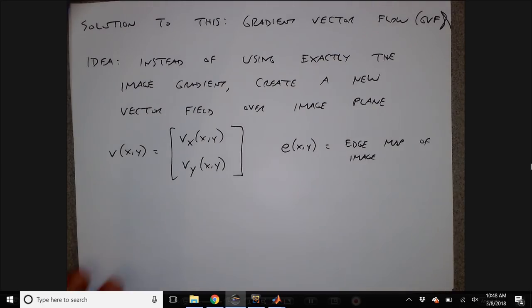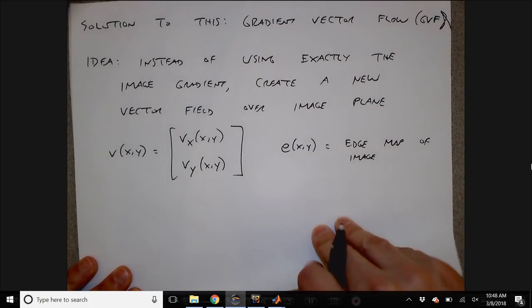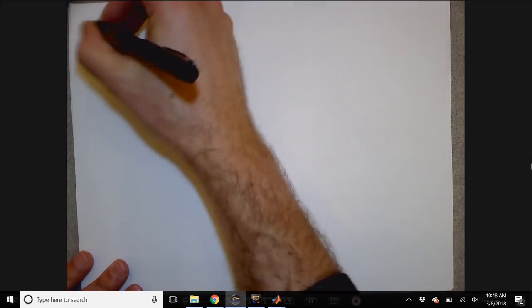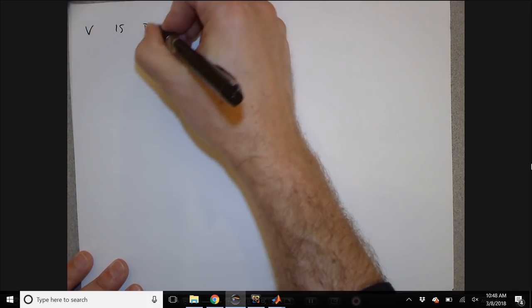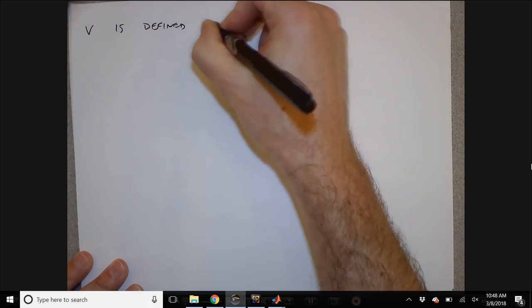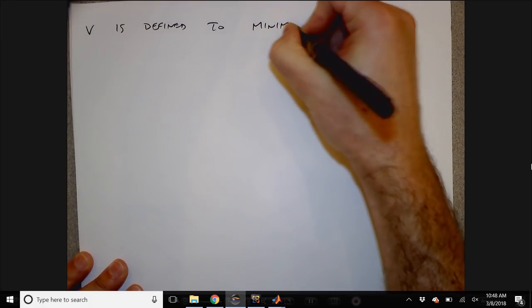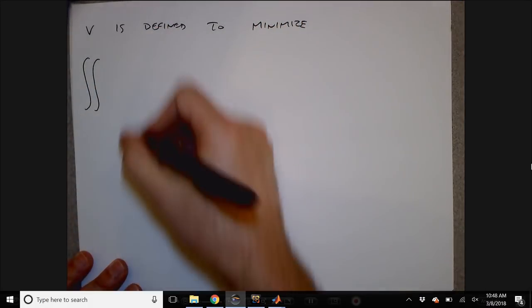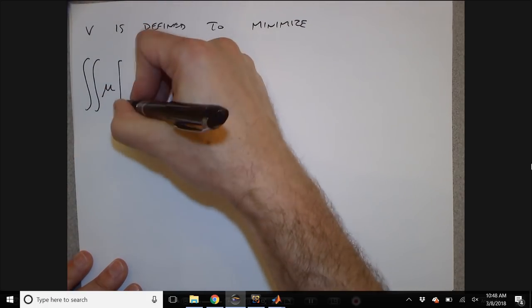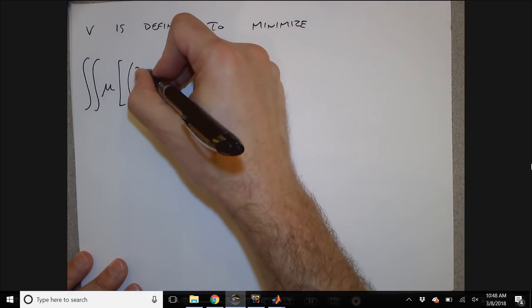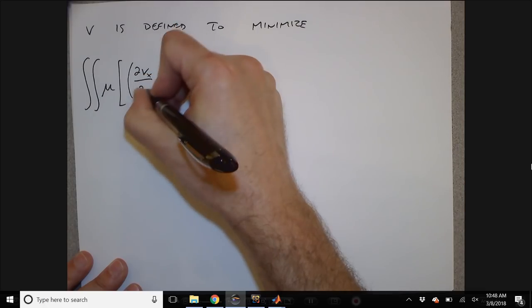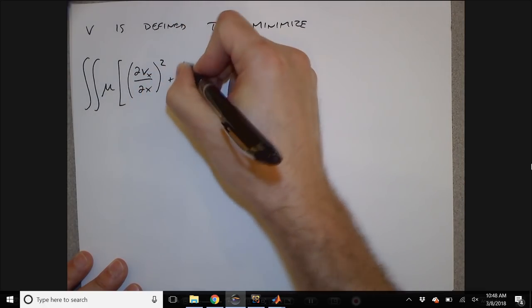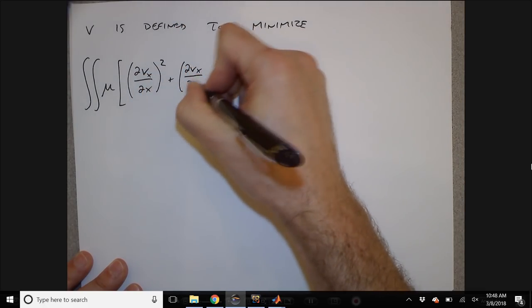So let me start on a new piece of paper. So V is defined to minimize. Now we've got a double integral. All right, so let me write this down first, and then I will explain what it means. I heard a sigh from the audience.